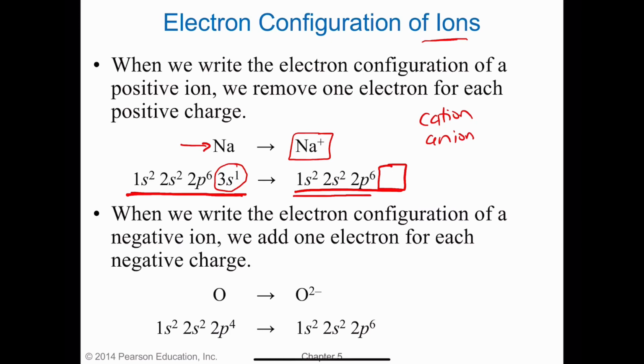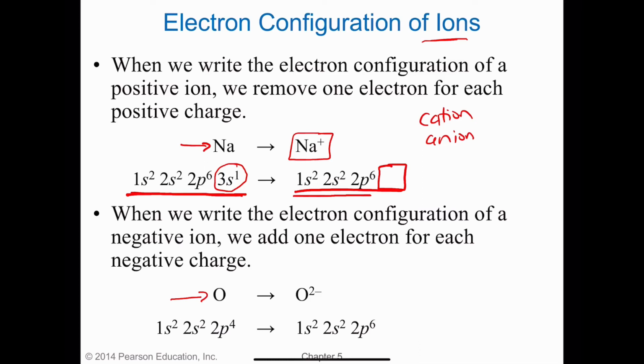Now, nonmetals like oxygen, nitrogen, carbon, those elements on the right side of the periodic table, they like to gain electrons to have a complete outer shell, an octet. Oxygen in particular likes to gain 2.